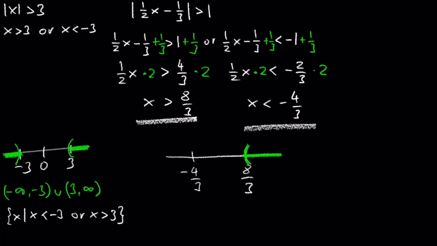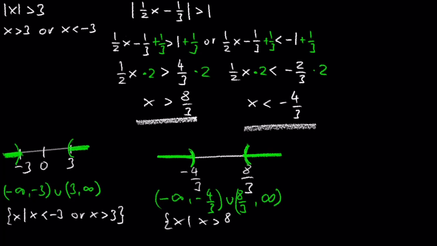So we have to plot the left side. The interval notation is negative infinity to negative 4 over 3 union 8 over 3 to infinity. And the solution set is the set of all x such that x is greater than 8 over 3 or x is less than negative 4 over 3.